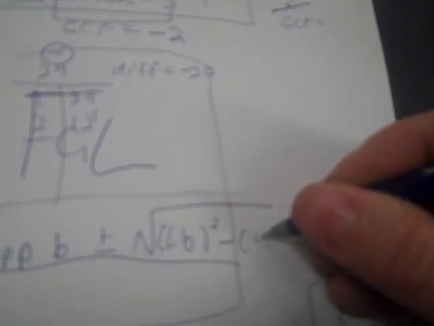Opposite of b, opposite of b. Write down, I've switched the way I've taught this. It's worked a lot better. Plus or minus the square root. B squared, put 2 parentheses at the beginning, please. B squared minus 4ac over 2a.